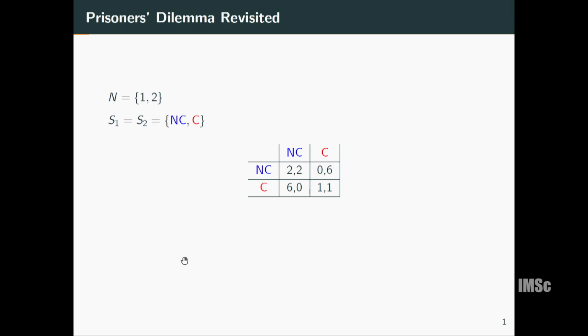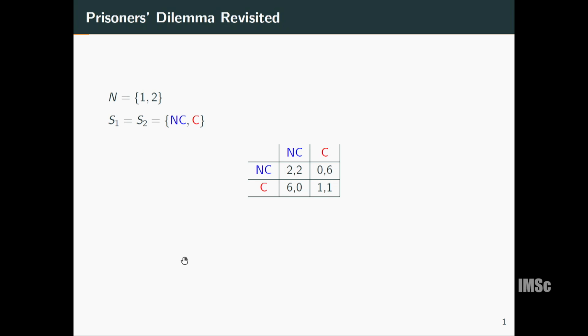These utilities may not be the same as what you would have seen in your prisoner's dilemma, but the idea is similar. So you have two prisoners. I will assume rows to be player 1 and columns to be player 2, and the strategies are confess and not confess.